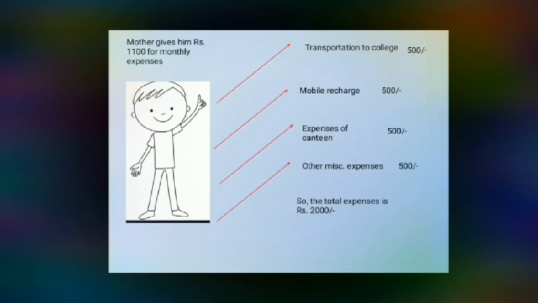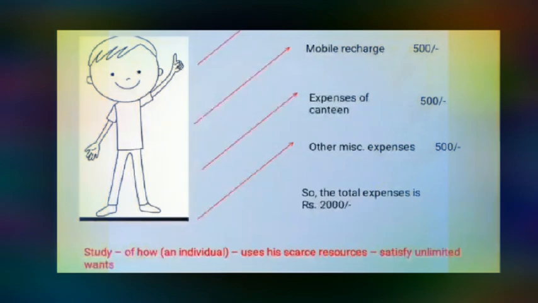So we can say that economics is the study of how an individual, and an individual over here can mean a person, it can mean a society, it can mean a particular country also, because every individual in that particular term has limited or scarce resources and the wants are unlimited.